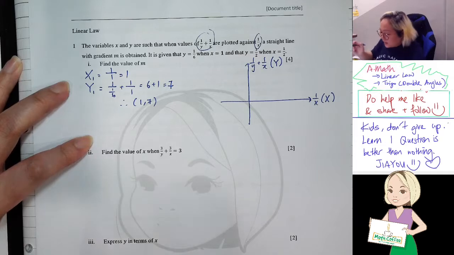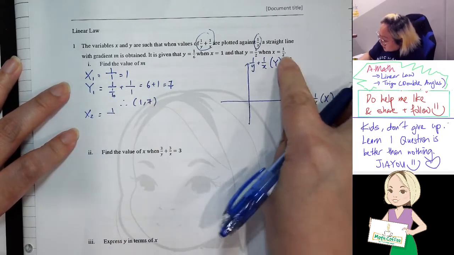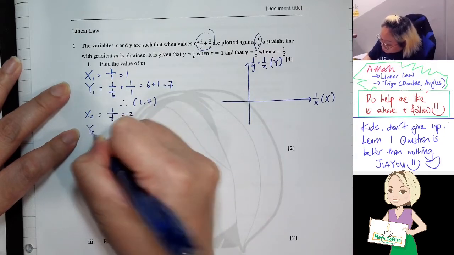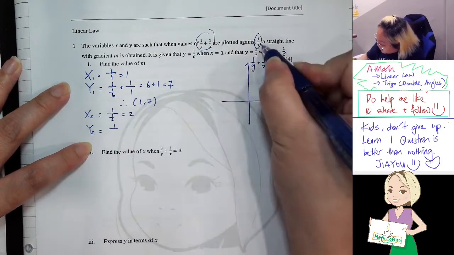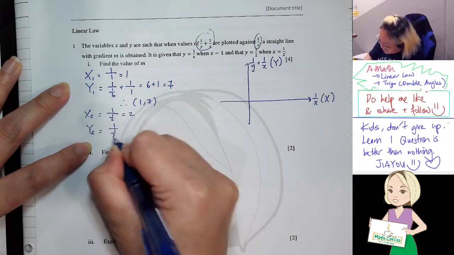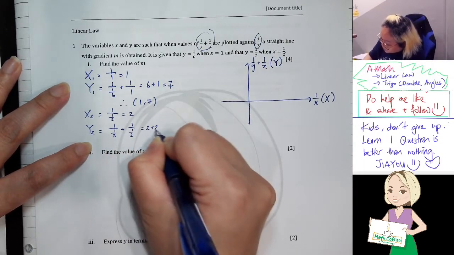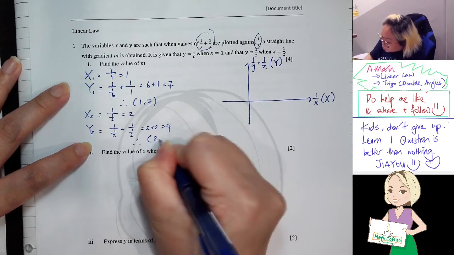Then the next one, the x2 will be 1 over half, so it's 2. My y2 will be 1 over y, which is 1 over half, plus 1 over half. So it's actually 2 plus 2, so it's 4. So the second coordinate is actually (2, 4).